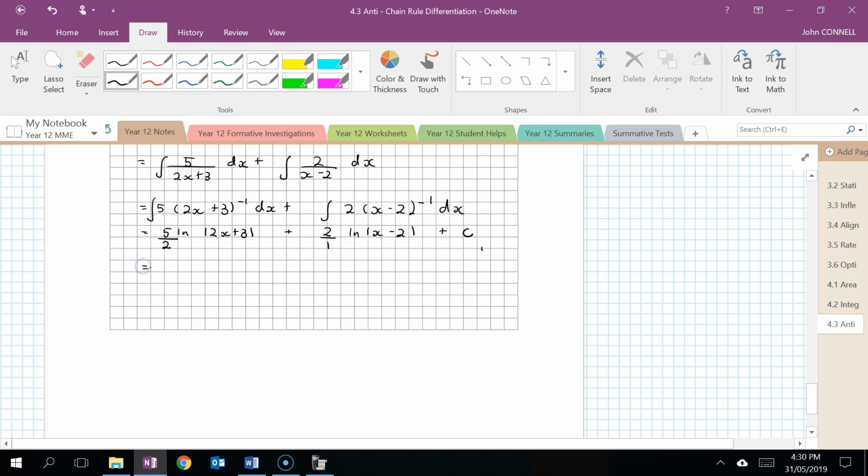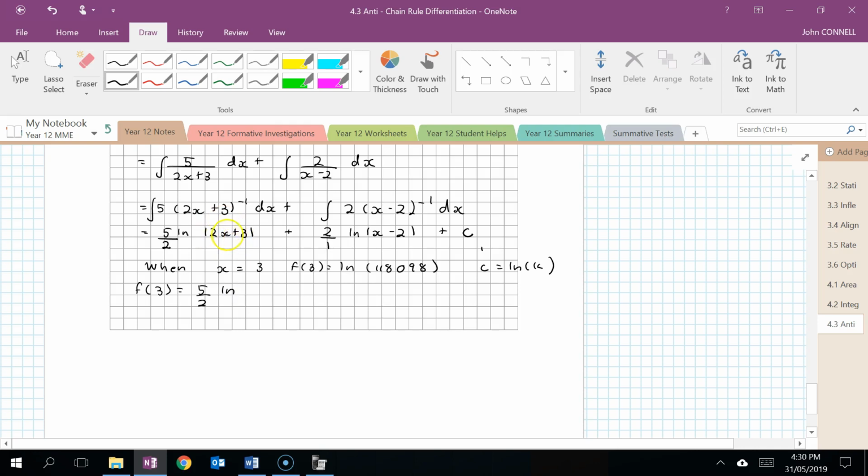Now, we then need to work out what this c is, because we're told that when x equals 3, f of 3 is equal to ln of 118098, and we're also told that c is equal to ln of k. So, I can say that f of 3 is equal to 5 on 2 ln.